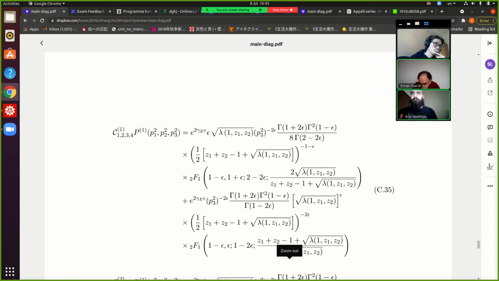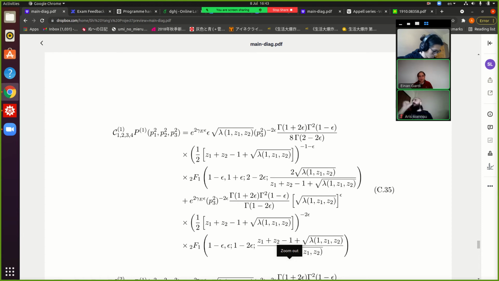Now, what does it mean correctly? The expansion is only valid at a given order in epsilon. So what we need to do is choose epsilon small enough. And epsilon needs to also be negative. If it's not negative, then these integrals are not well defined.